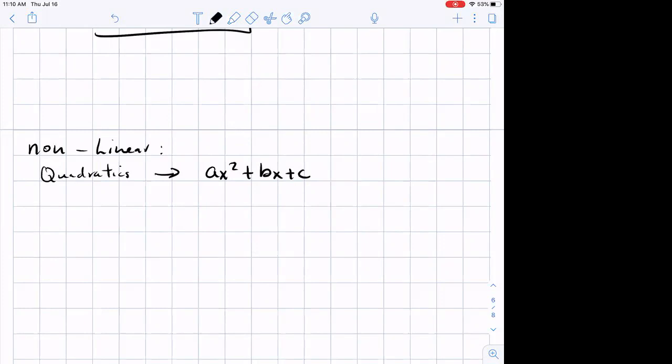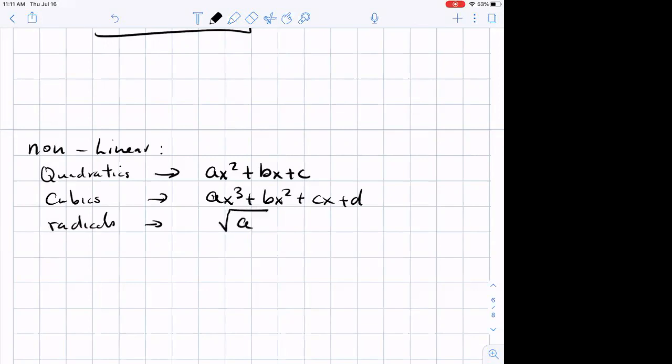We have cubics, meaning we can write ax cubed plus bx squared plus cx plus d. We have roots, radicals, the square root of a.